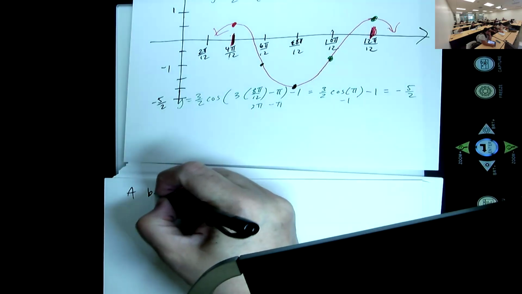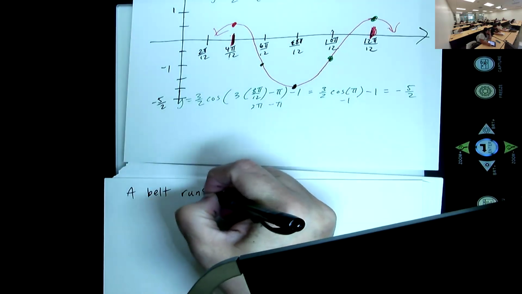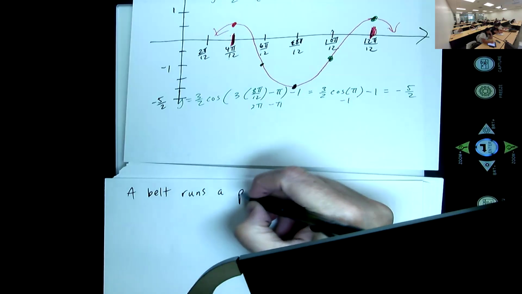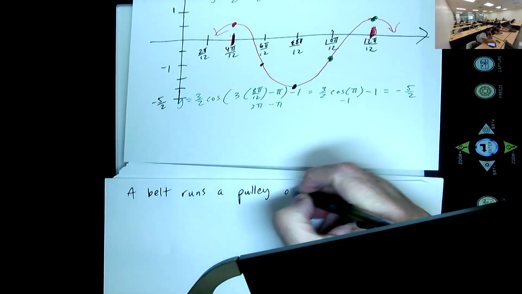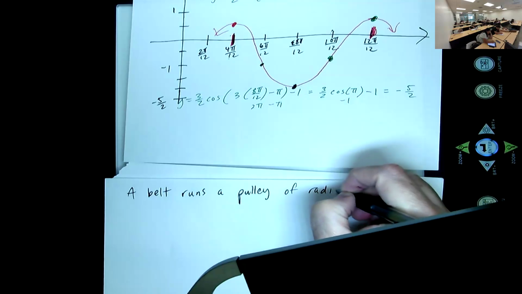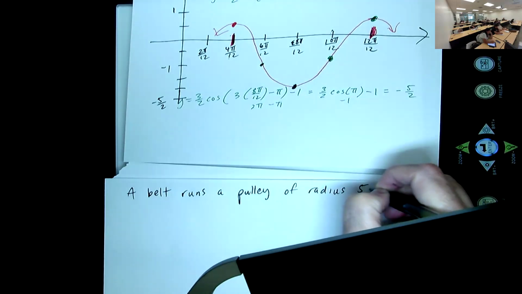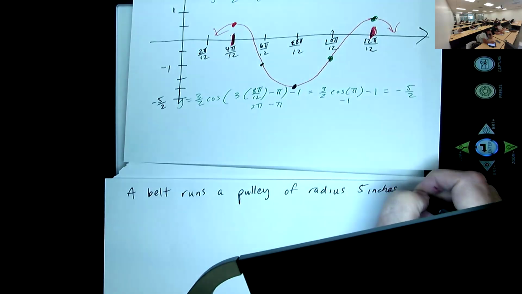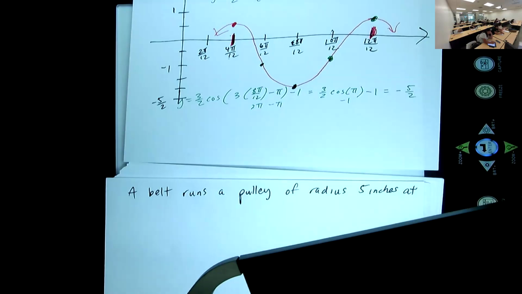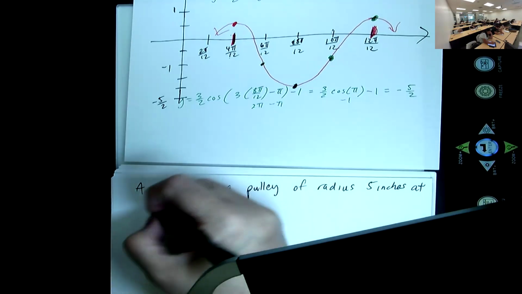A belt runs a pulley of radius 5 inches at 120 revolutions per minute.